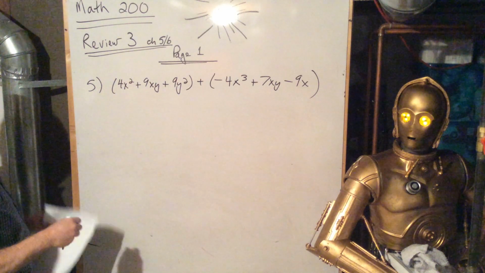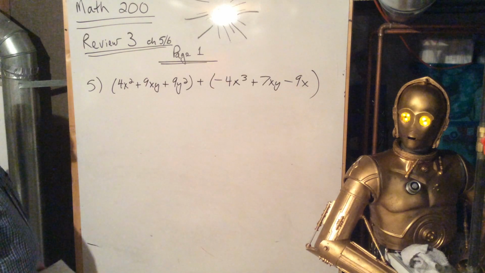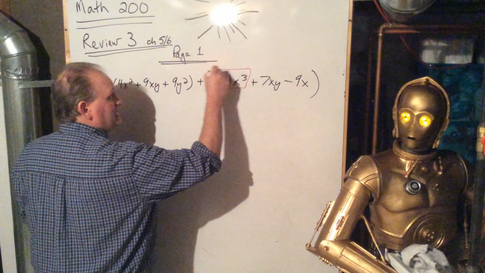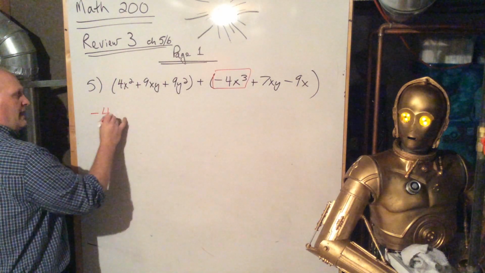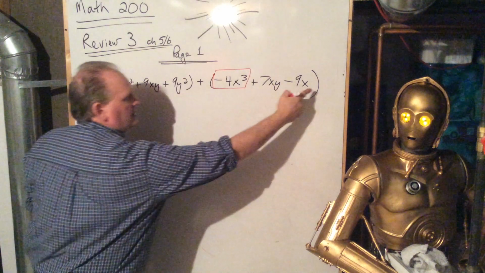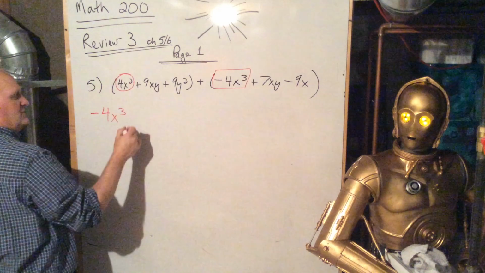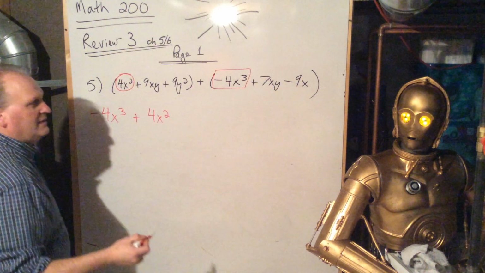So what we're really looking for is matches. Not a lot of them on this. Let's go for the highest power first. So this is a third degree equation. Negative 4x to the third. Next highest power we see is a 2, so plus 4x squared.